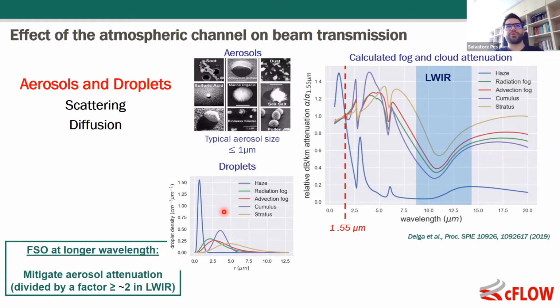In the case of longer wavelengths, so in the LWIR, we benefit from the fact that the longer wavelength is bigger than the typical size of droplets, for instance, and also from the fact that around 10-11 micrometer we have a change in the refractive index of water that is beneficial to work at this specific wavelength.